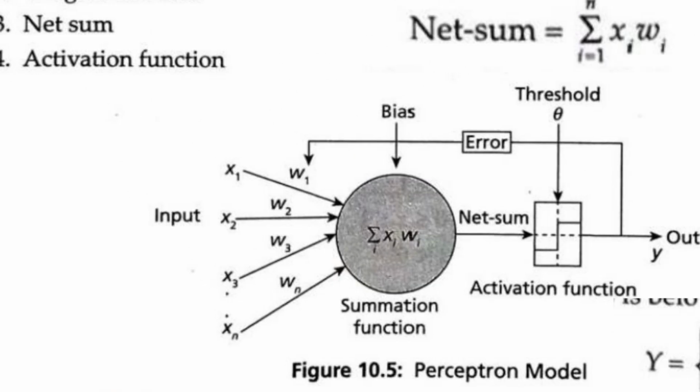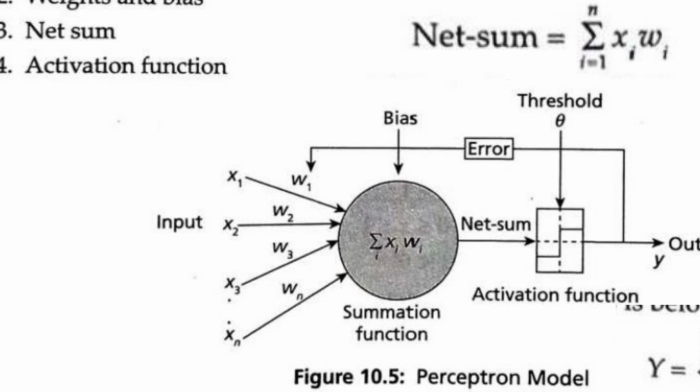The third component is the collective summation of the product of input and weight, called the net sum. The summation of weight and input, sigma x w, where i ranges from 1 to n, is the net sum function.